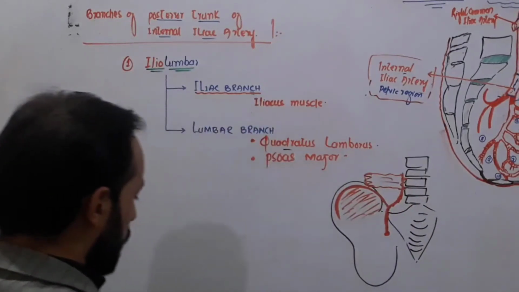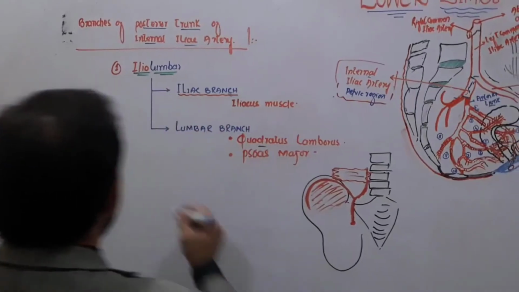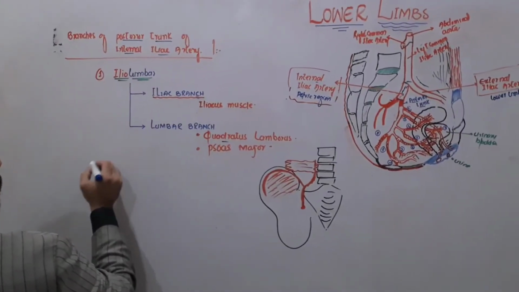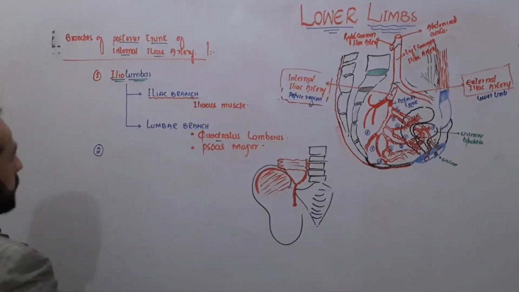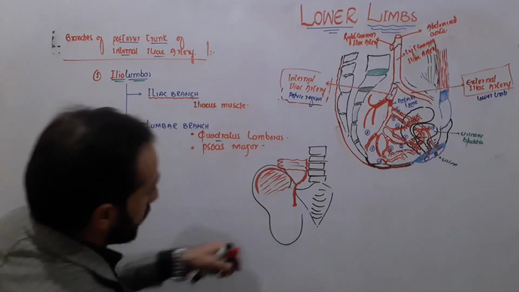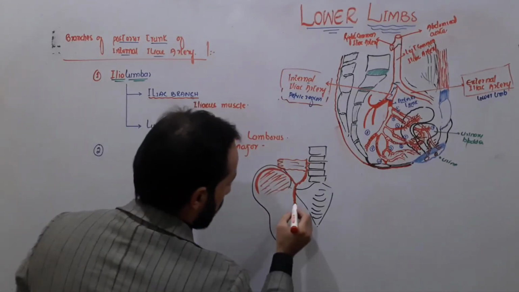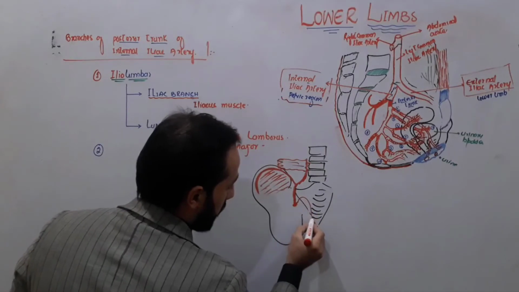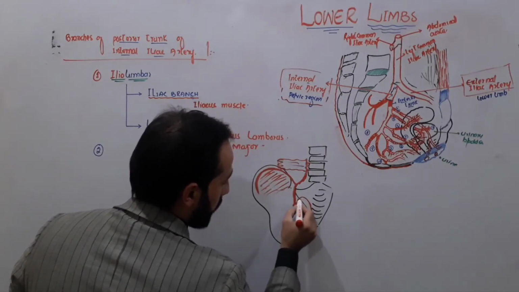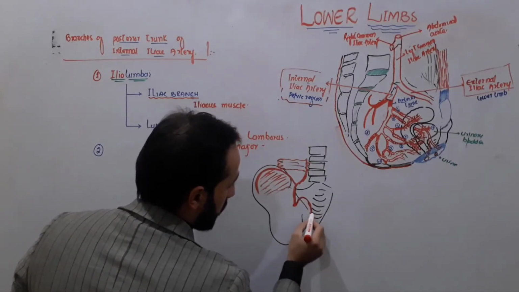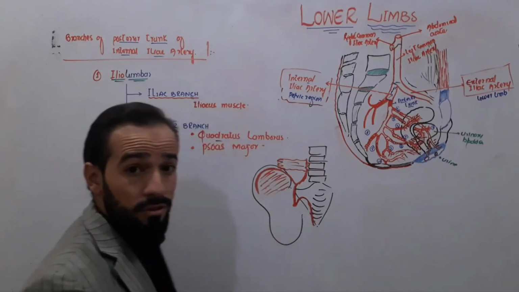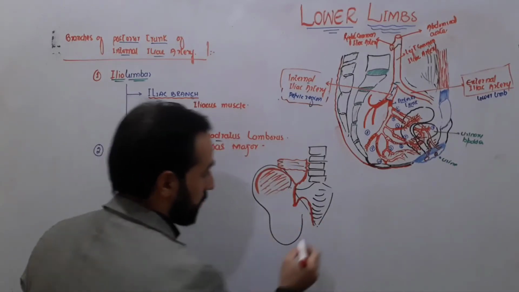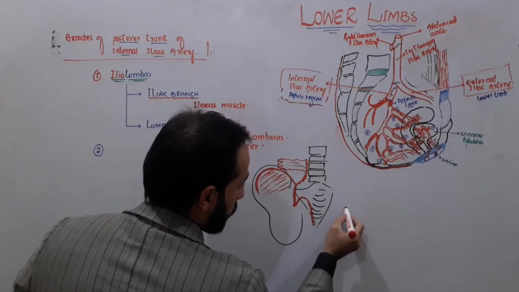Now the next branch from this posterior trunk separates here from it and goes like this, right? This is called the lateral sacral artery. And from this side also, right, friends?